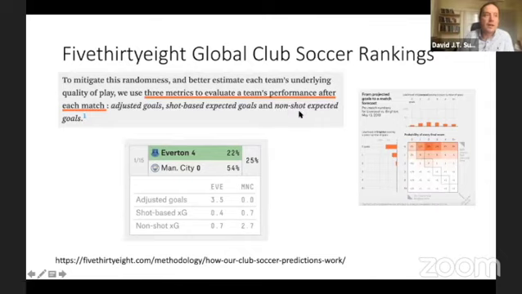You try to say how often, when you get into a particular position, it is likely to be a goal, whether there is a shot or not. Goals is simple, but you can fit a shot-based expected goals, as we've done in previous lectures. You can also look at this non-shot, which is just based on, if there was a shot or not, you get into that position, how likely you were to score.